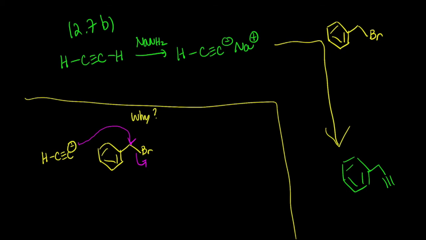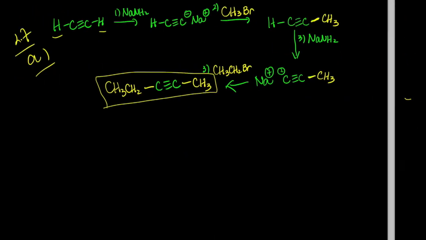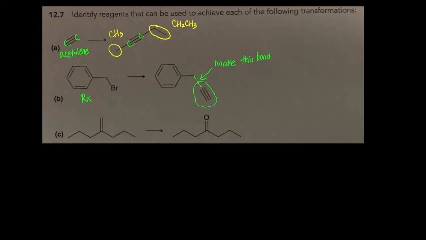And so that's how you do that problem. So let's look at that again. When you have an alkyl halide going to an alkyne, you need to think about what acetylide could be used.